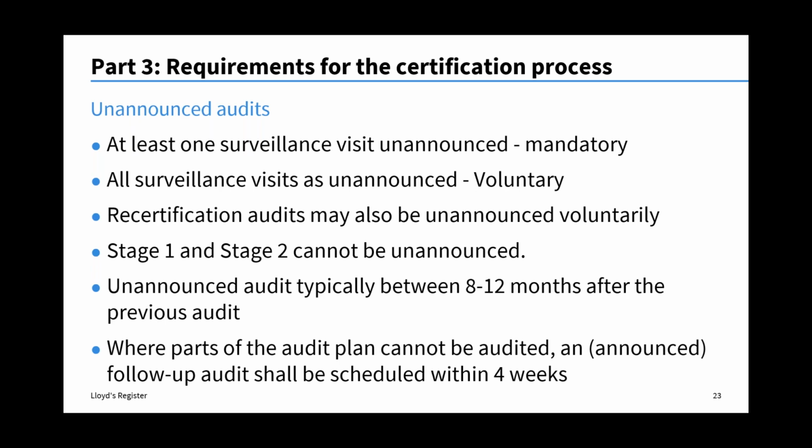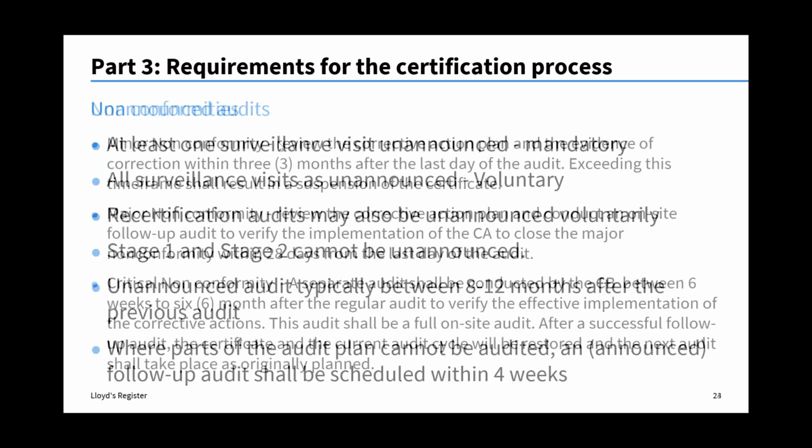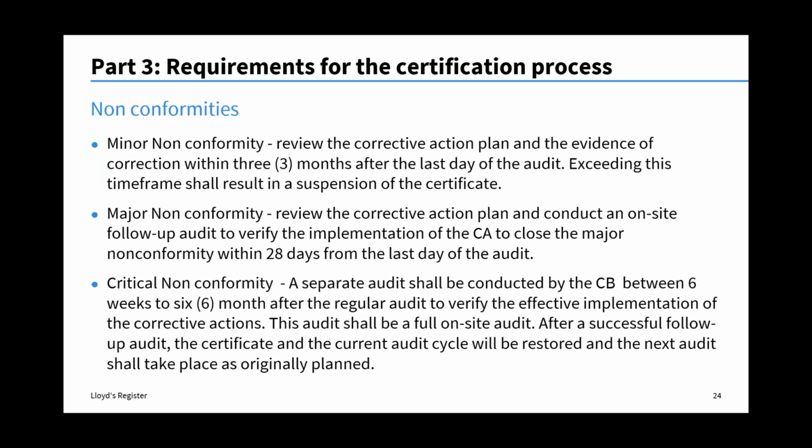Okay. The next change in Part 3 is about non-conformity handling. This was there in version 4.1 revision in January 2019, but we can go through them again. One is about the minor non-conformity. There has to be a follow-up on minor non-conformity to review the corrective action plan and the evidence of correction within 3 months after the last day of the audit.